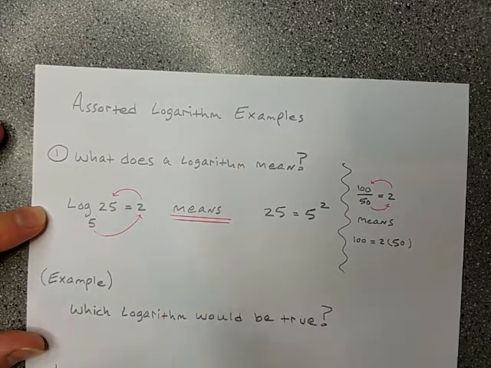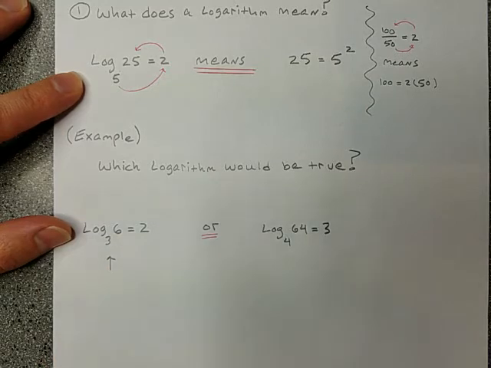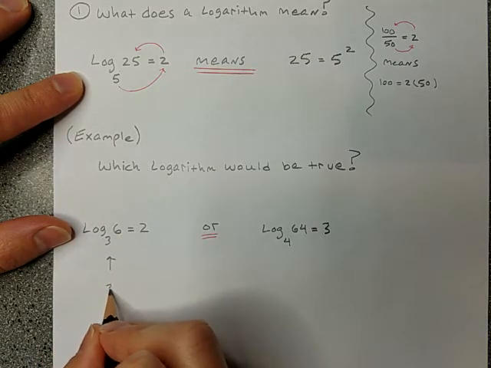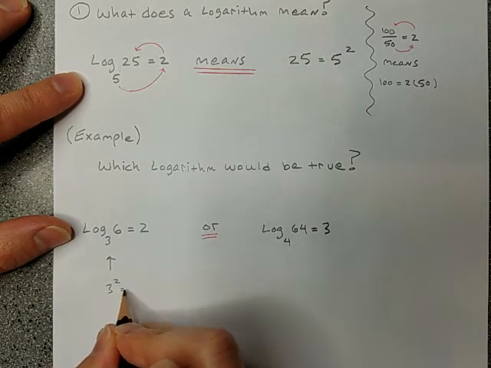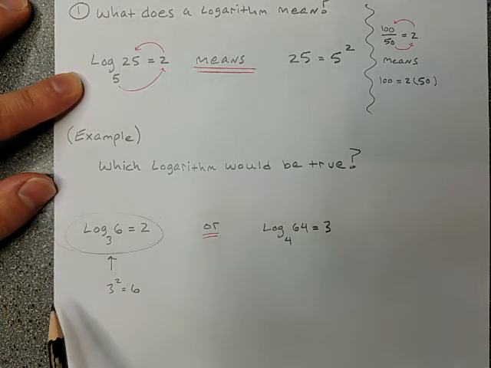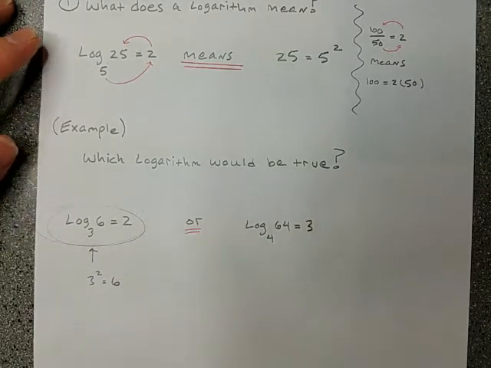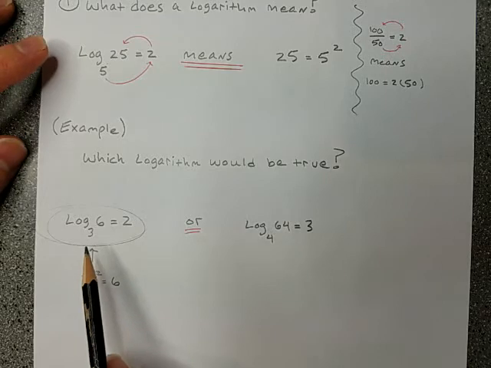This is the meaning. So what does this mean? It means 3 to the second power is equal to 6. So how are you going to think about that? Are you just going to stare at it with an empty mind? No, you're going to have a way to think about it or interpret it for yourself.